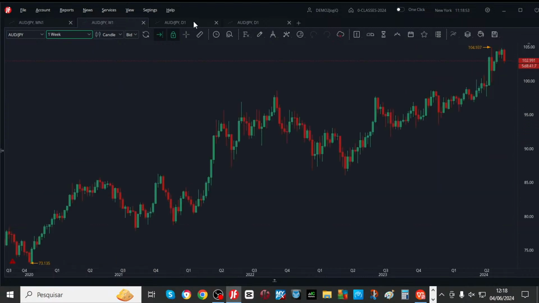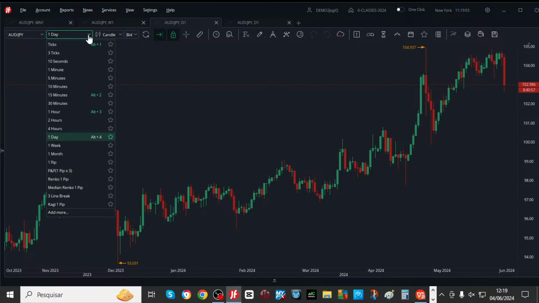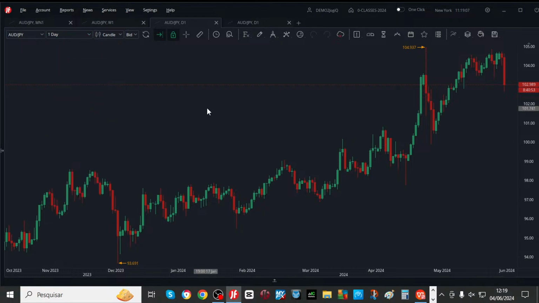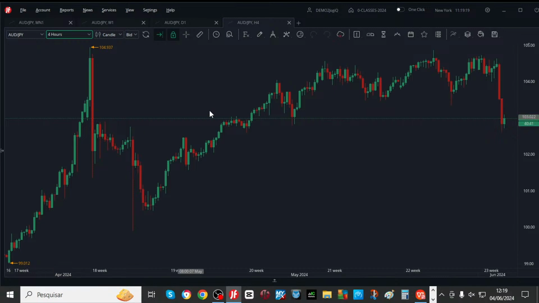Then you left click on the third tab, you select the daily, and on the fourth chart, AUDJPY in this example, you select the daily and go to the 4-hour chart.